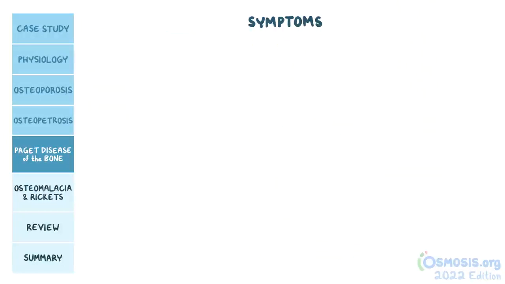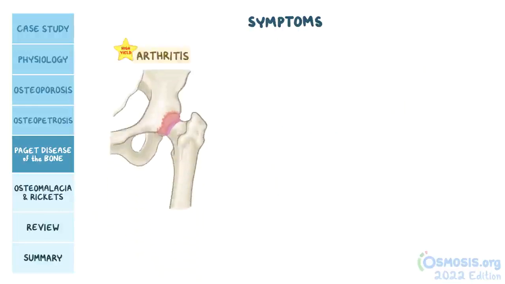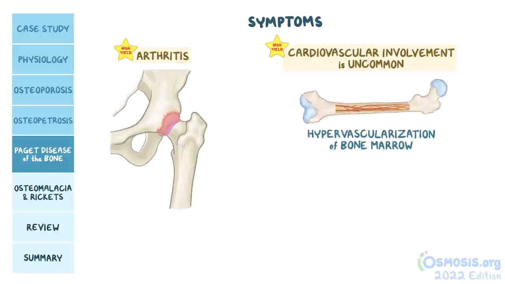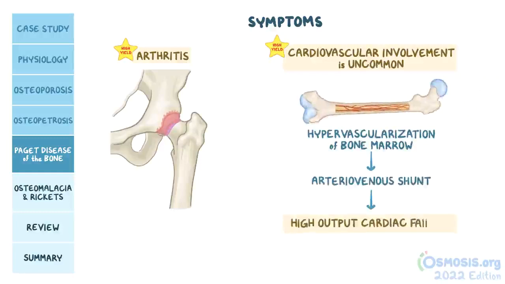If the parts of the bone that are involved in the joint are involved, it can result in arthritis. Although cardiovascular involvement is uncommon, those with widespread Paget disease and extensive hypervascularization of the bone marrow can present with an arteriovenous shunt, leading to high output cardiac failure.